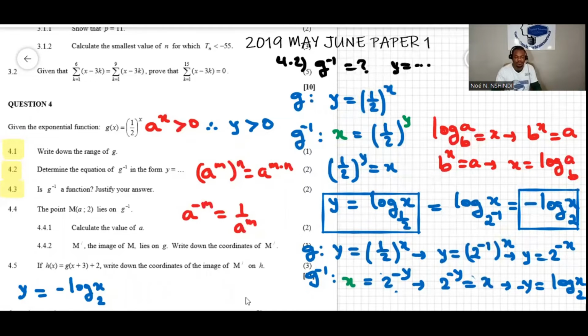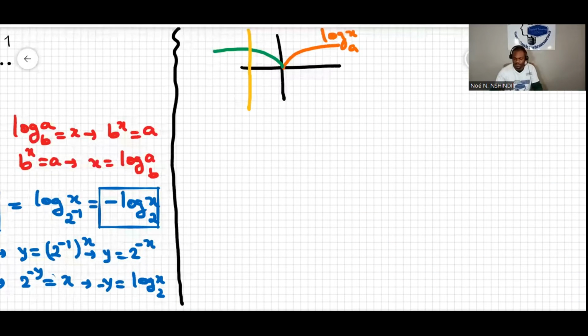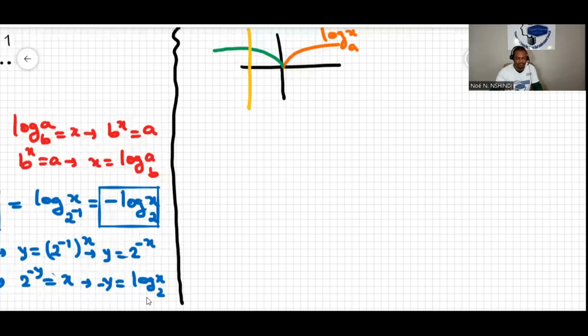Now, question 4.4. The question says that the point M(a, 2) lies on g inverse. Calculate the value of a. Let me move my board and do it over here. So in question 4.4.1 we have a point M, and we are looking for the value of a.